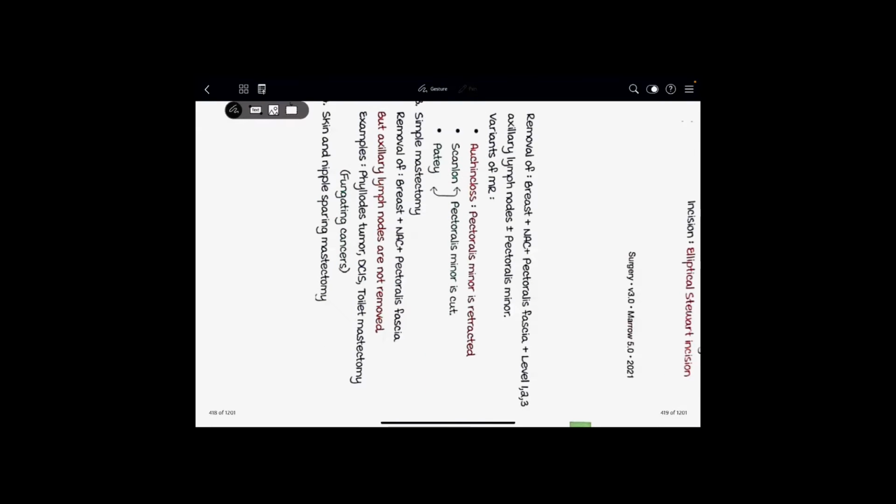Okay. So what is the difference between radical mastectomy and modified radical is with regard to pectoralis major. Pectoralis major muscle is compulsorily removed in radical. But pectoralis minor muscle may or may not be removed in modified radical.